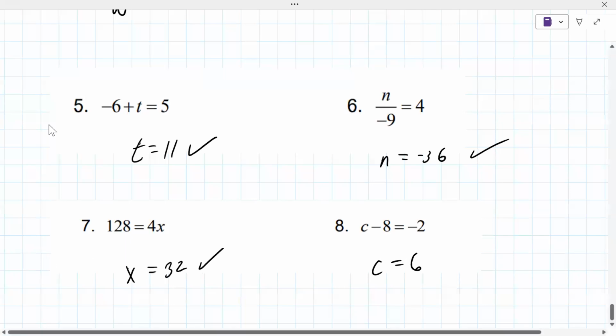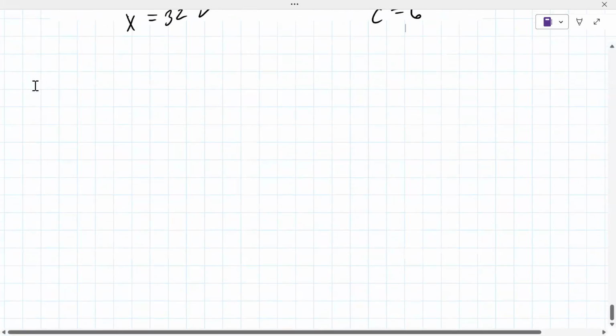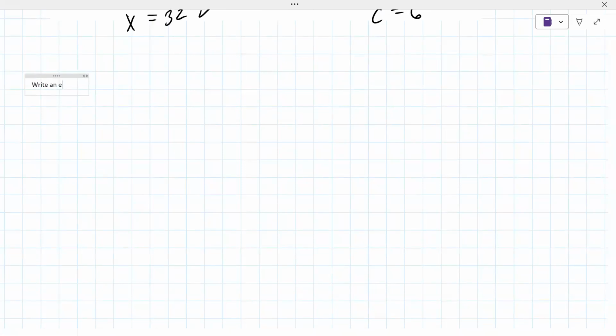You got it. Okay, so we're going to try something a little bit harder now. I want you to write an equation where the solution is x equals 3, and you divide to solve.